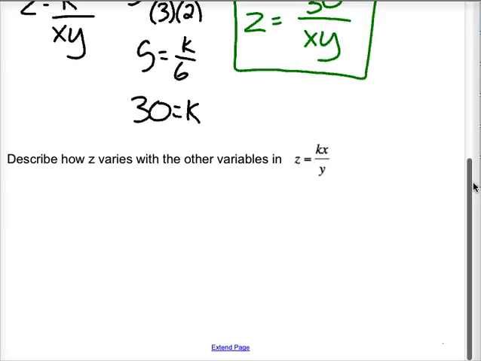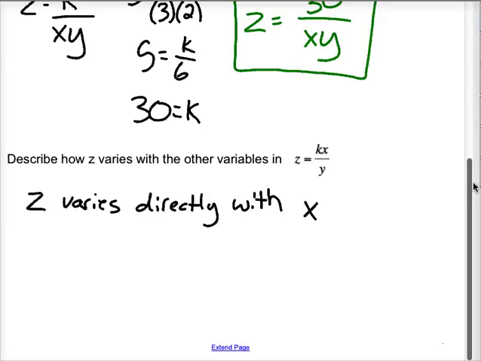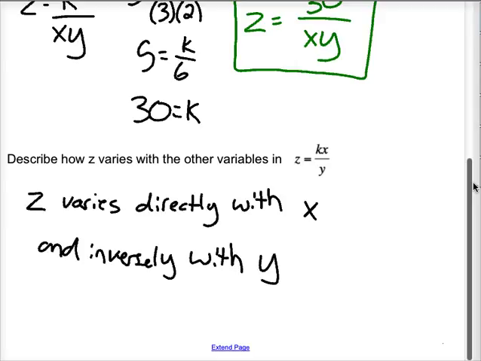So here, you should be able to tell me that z varies directly with x, okay, directly because you see the x with the k, and inversely with y. And again, you know inversely because y is on the bottom.